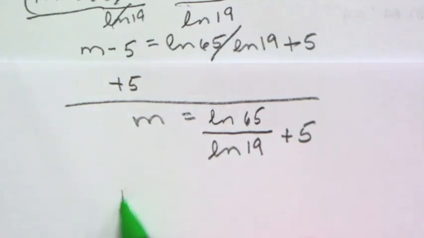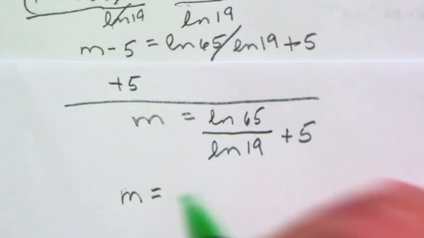If I put that in my calculator, it's just as simple as pressing the LN key, which gives me a parenthesis, and I put in 65 and close the parenthesis, then divided by ln of 19, close that parenthesis and press enter.